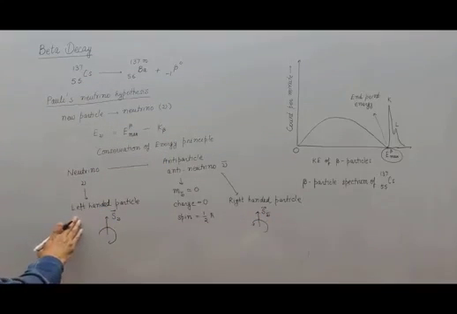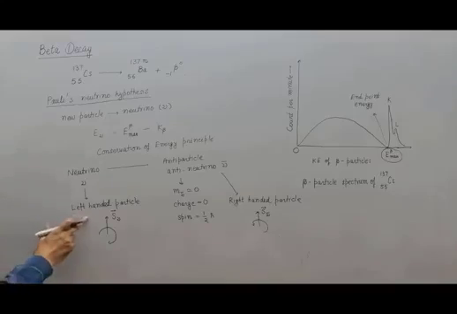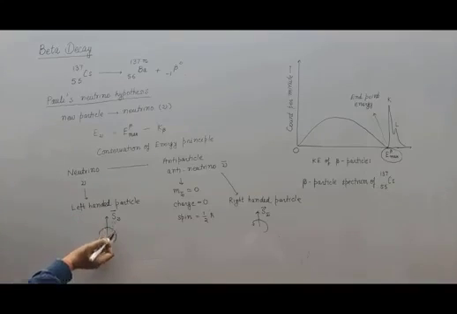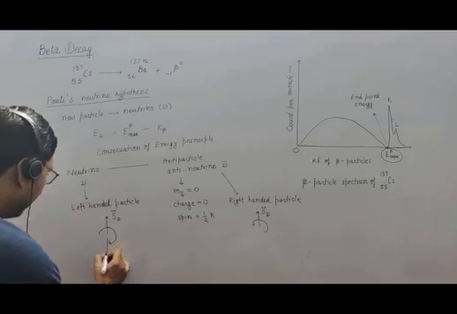So this is a left-handed particle, this is a right-handed particle, and because this is a left-handed particle, its spin will be opposite to its momentum. The momentum carried by this will be in the opposite direction.